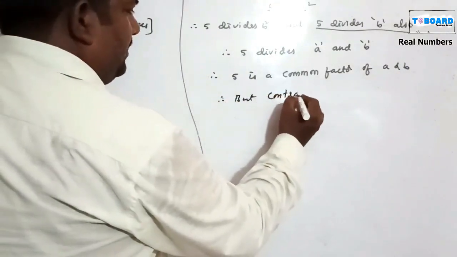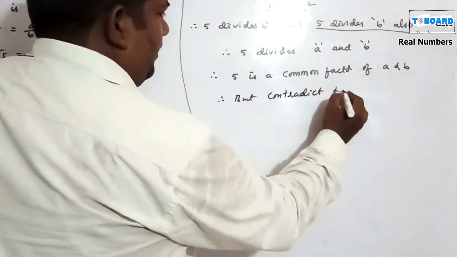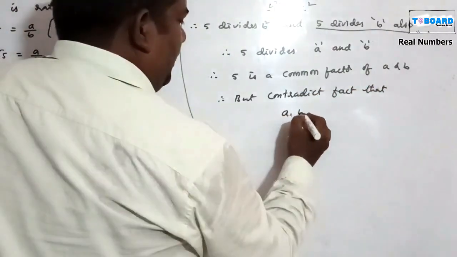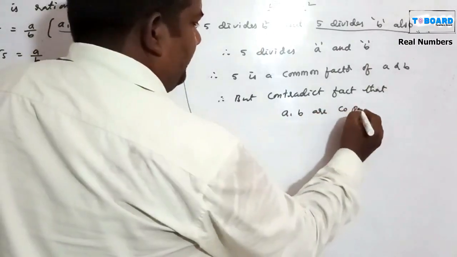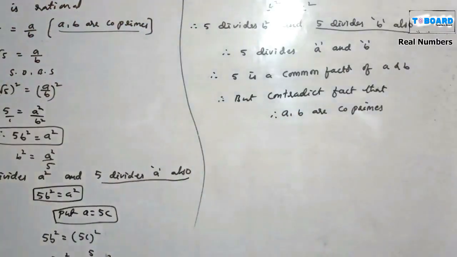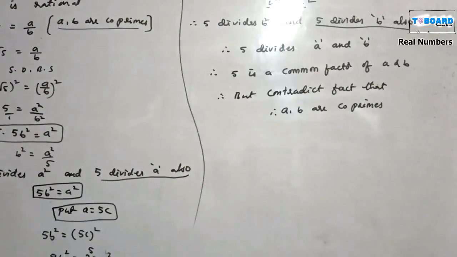But here 5 is a common factor of a and b, which contradicts the fact that a, b are co-primes. What is co-primes? Only one is a common factor.